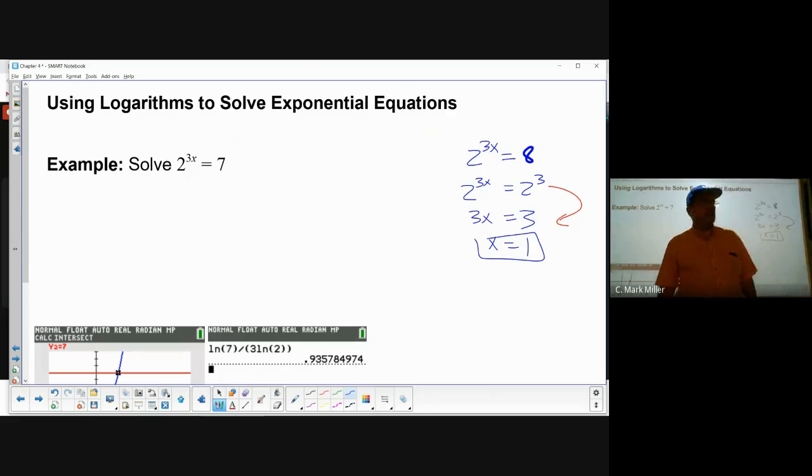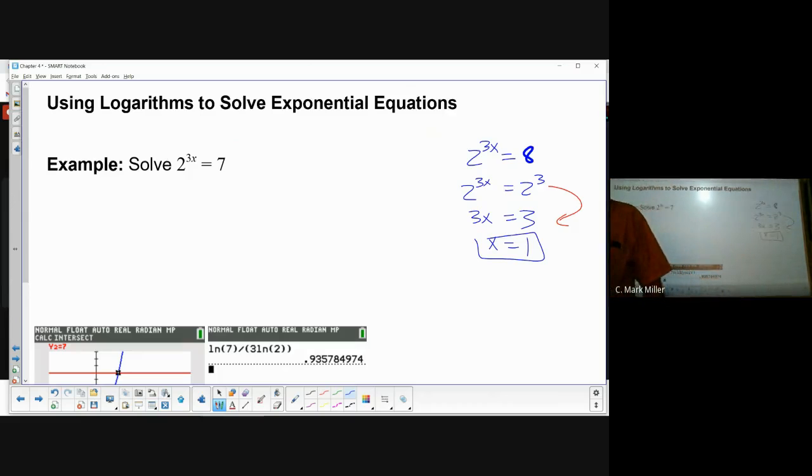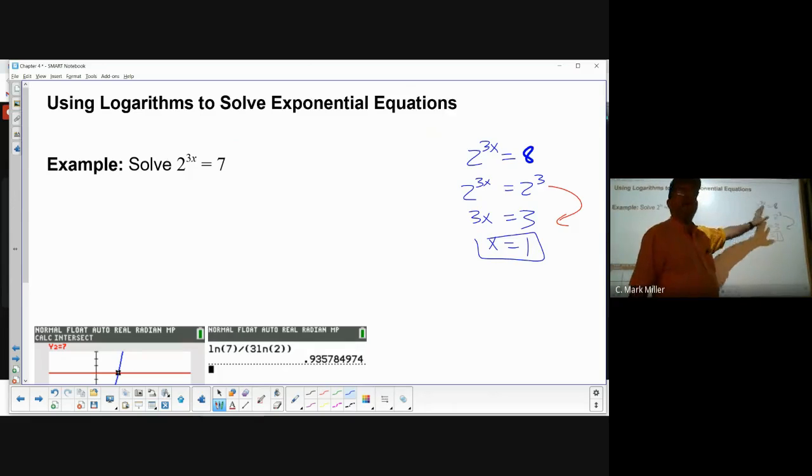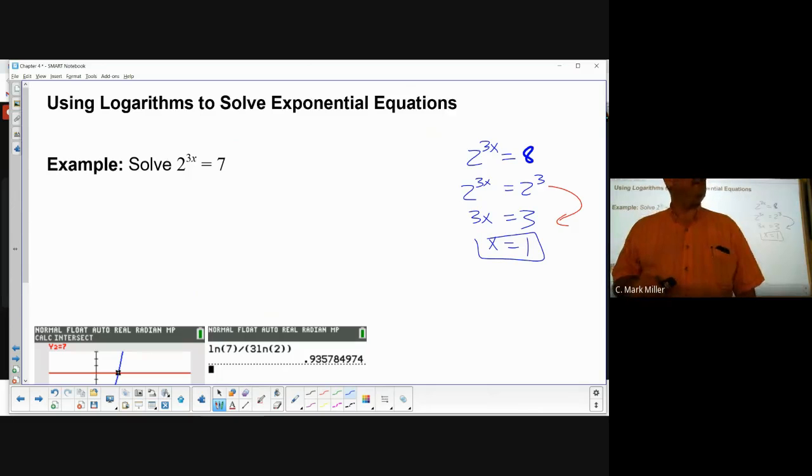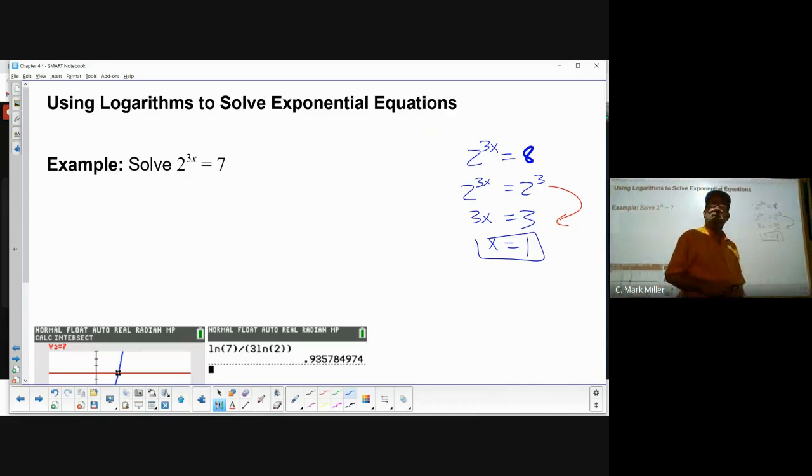2 in this case. Over here, 7 is not, well, put this way, is not a convenient power of 2. It is a power of 2. Now, in order to solve this, what did we have to do? We had base 2 on one side. We had to figure out what power of 2 is 8. And it was 3. What power of 2 is 8? 3.